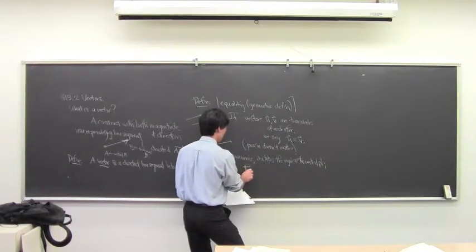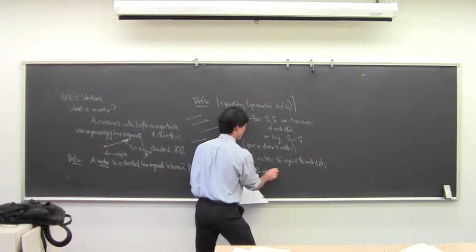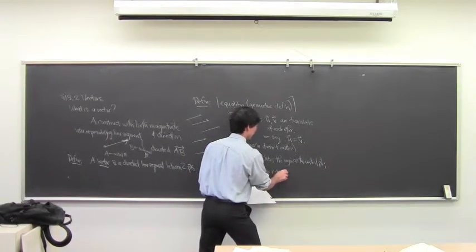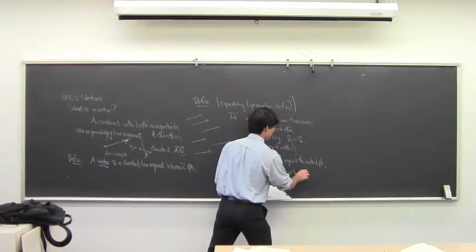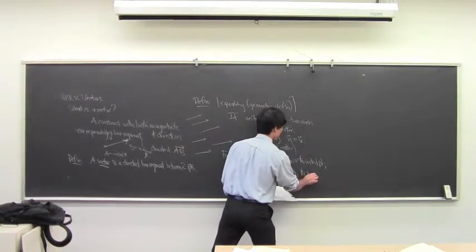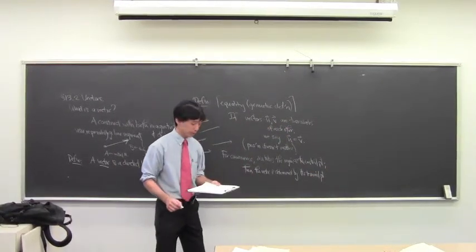Then the vector is determined by its terminal point, right? Because you already know what the initial point is.